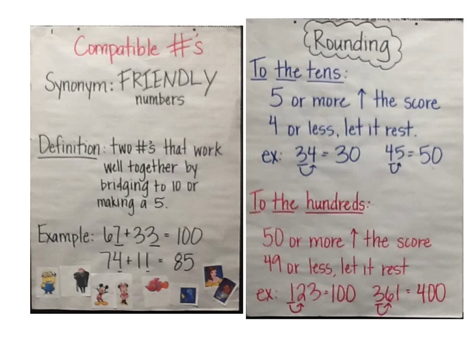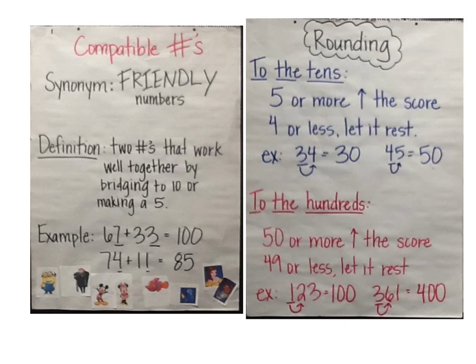The rounding strategy follows very specific rules. When you're rounding to the tens place, you look in your ones place. If it's got 5 or more, you raise the score, which means you raise it to the next higher place value, and 4 or less lets it rest at the tens place that it's at.